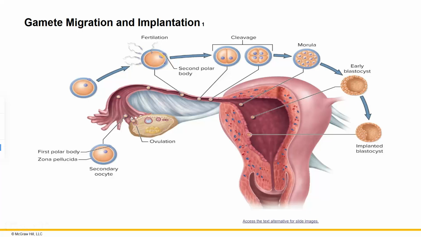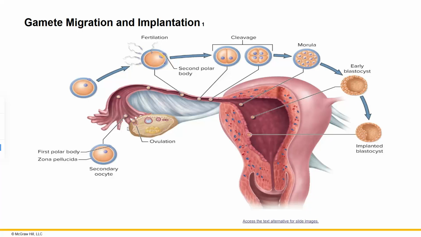If a fertilization event happens too early, let's say it happens here, there's a big chance that this fertilization could then cause an implantation event to happen in the tube. And if the implantation happens in the tube, it's called an ectopic pregnancy, which we'll get into. I believe these slides go through ectopic pregnancy. We'll talk a little bit more about that.